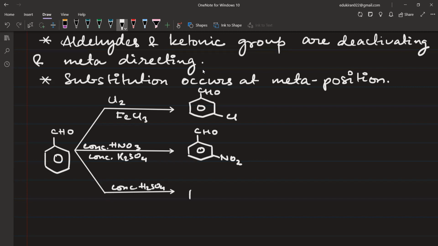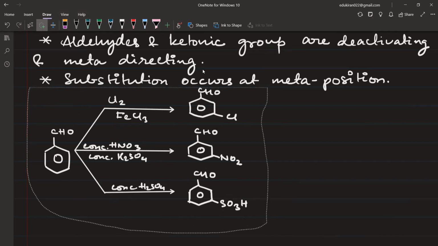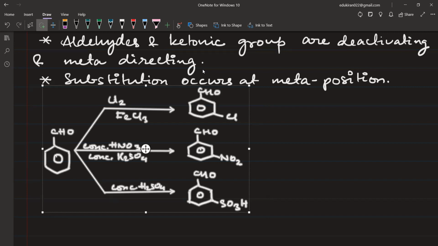CHO will be as it is, and in the meta position we are going to get SO3H. Just to tell you, only this nitration reaction is there in NCERT, so don't forget the nitro one, okay?